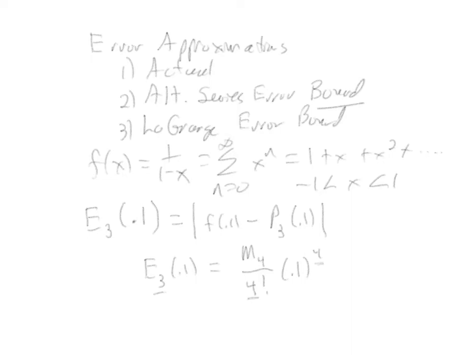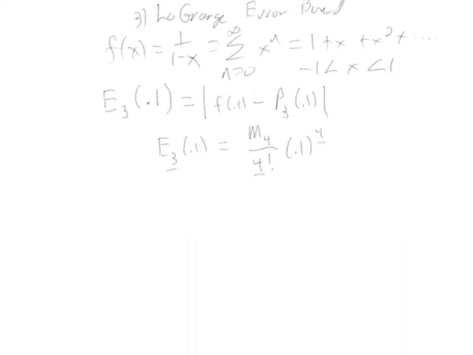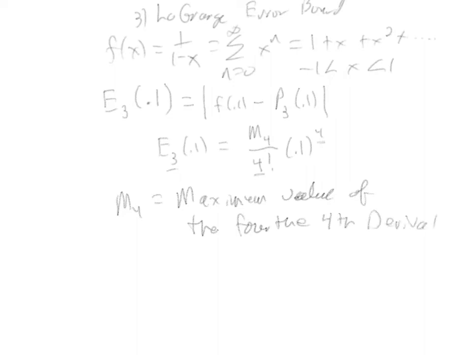Now, the M thing that nobody likes, I'm going to explain what that is. That M sub 4 is the maximum value of the fourth derivative at x equals 0.1.